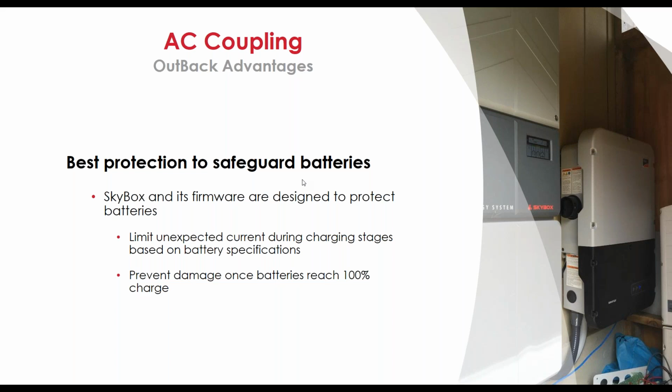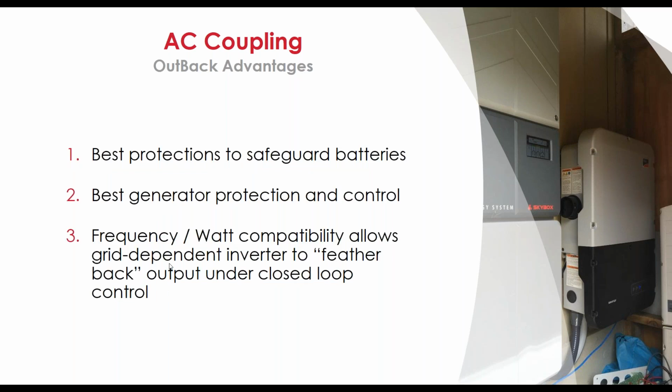We limit unexpected current during charging stages based on the battery specifications, and we prevent damage once the batteries reach 100% charge. Okay, we offer, again, the best protection to safeguard the batteries, best generator protection and control, and then that frequency-watt compatibility allows a grid-dependent inverter to feather back its output under a closed loop control. So that's our summary of the advantages.